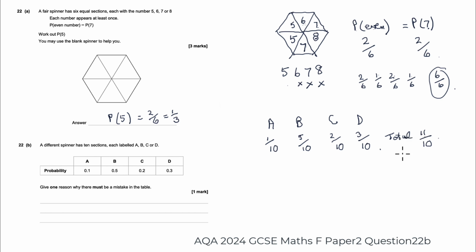This should be 10 out of 10. So give one reason why there must be a mistake in the table. The total is 11/10. The total should be 10/10. So that's the reason why there's a mistake.